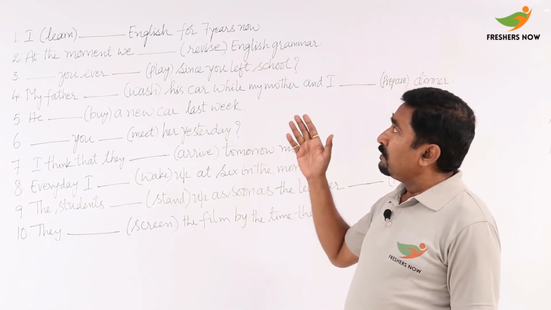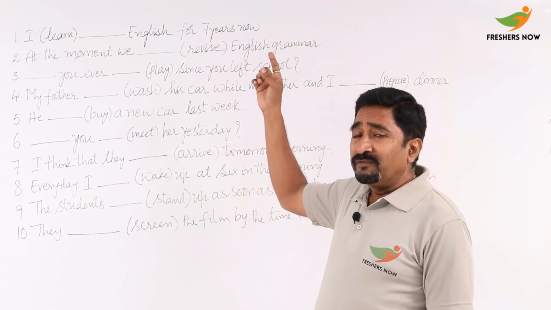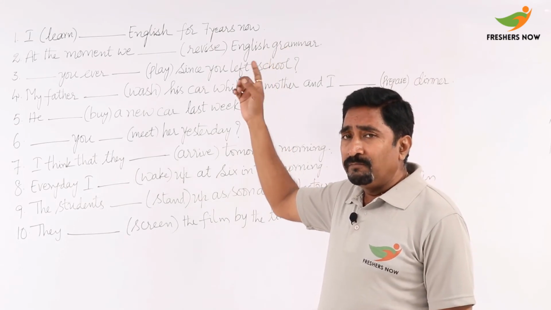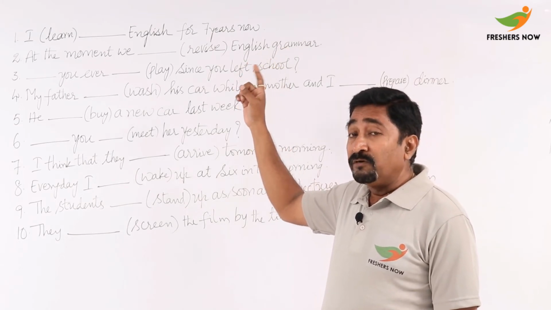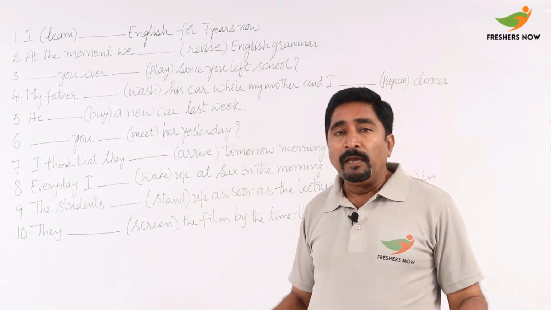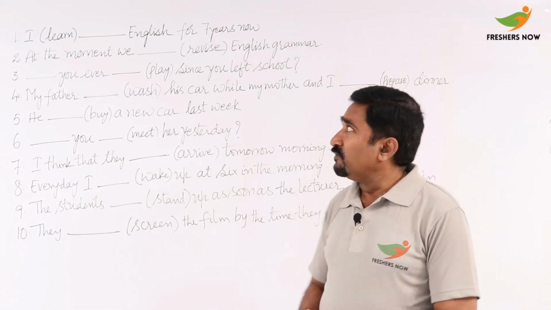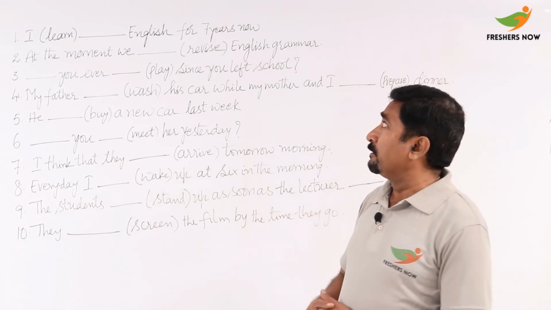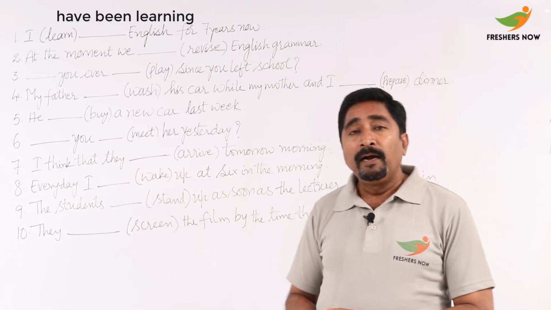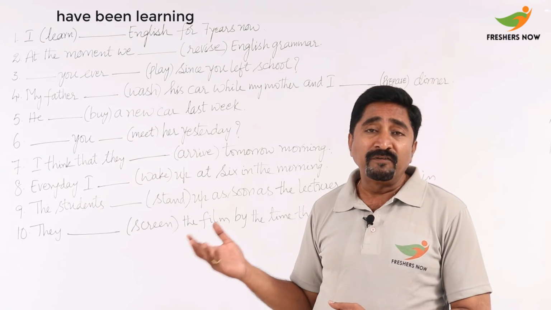I blank English for 7 years now. You can understand the period of time mentioned here, for 7 years now. So it's very clear that it should be in present perfect progressive tense. So I've been learning English for 7 years now.